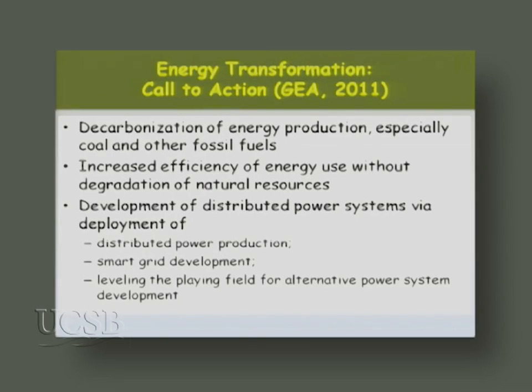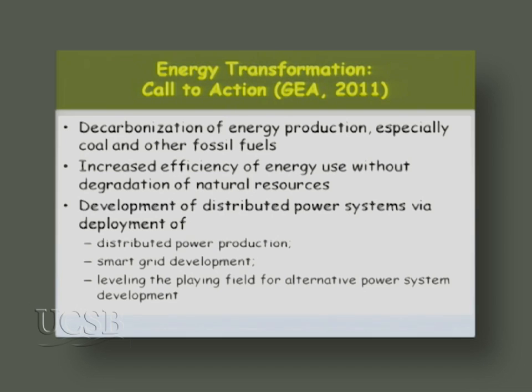And what they're looking at are things related to decarbonizing our energy system, using things like carbon capture storage, gasification of coal, those types of industrial activities. Increased efficiency is always important, and we're making great headway there, but we need to do that in a way that doesn't further degrade our ecosystem resources.